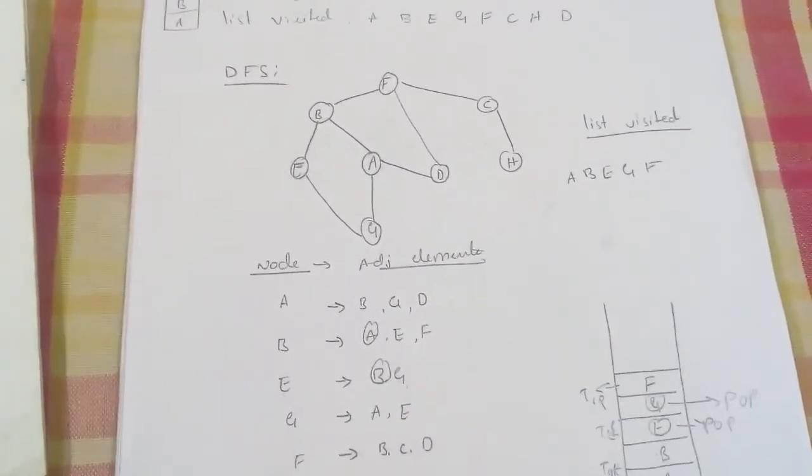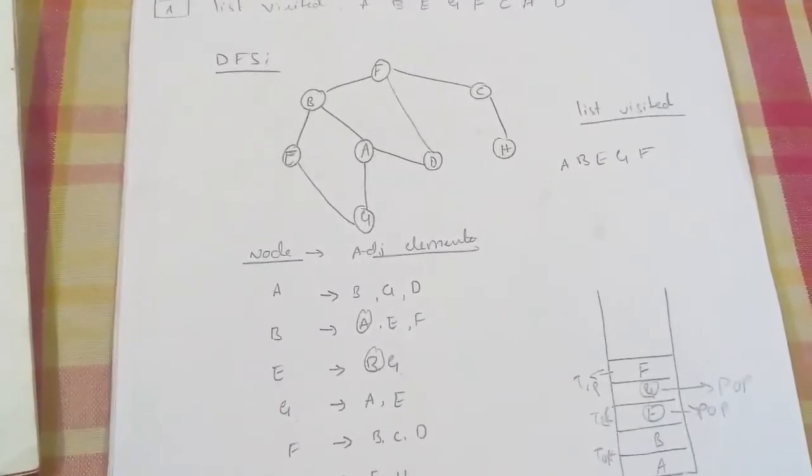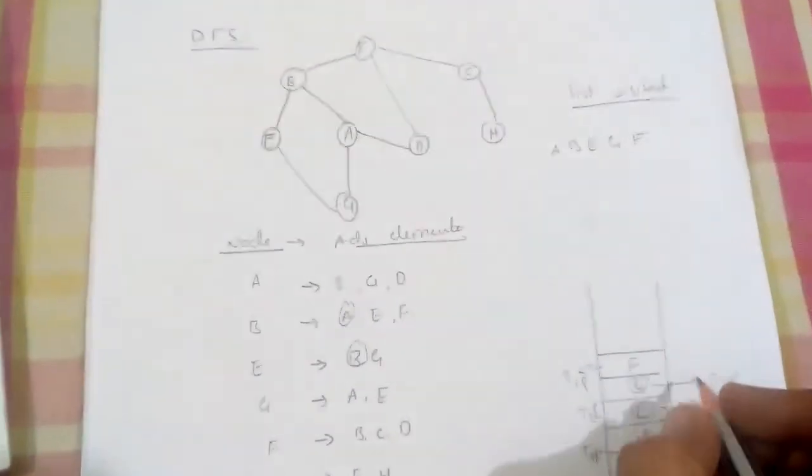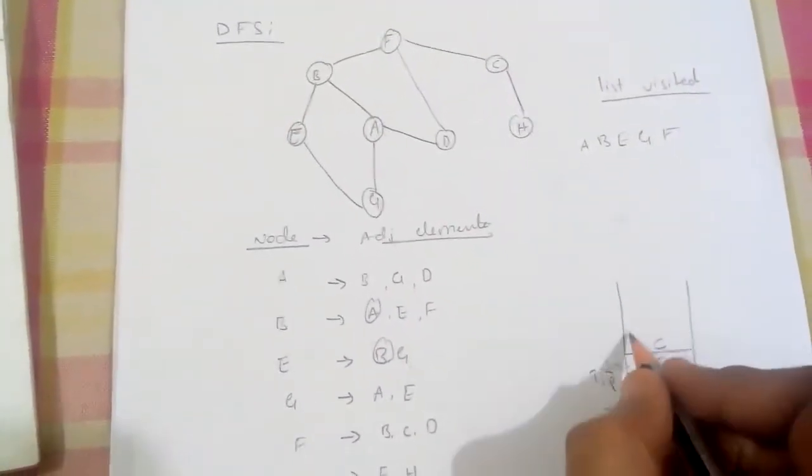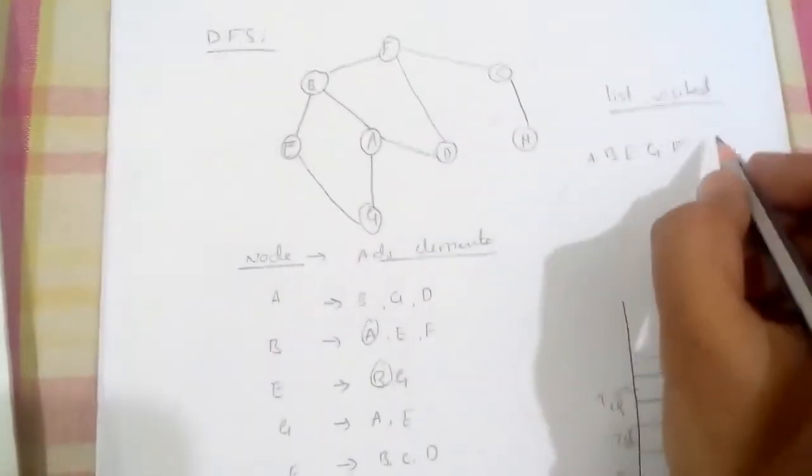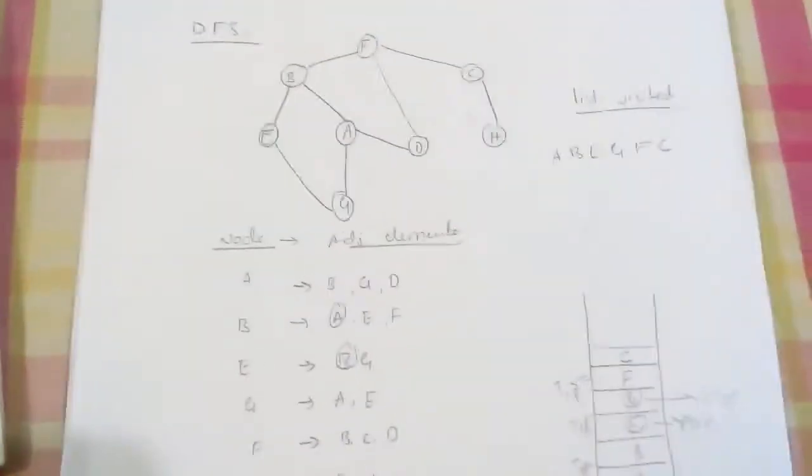So now C is pushed onto the stack and added to the visited list.